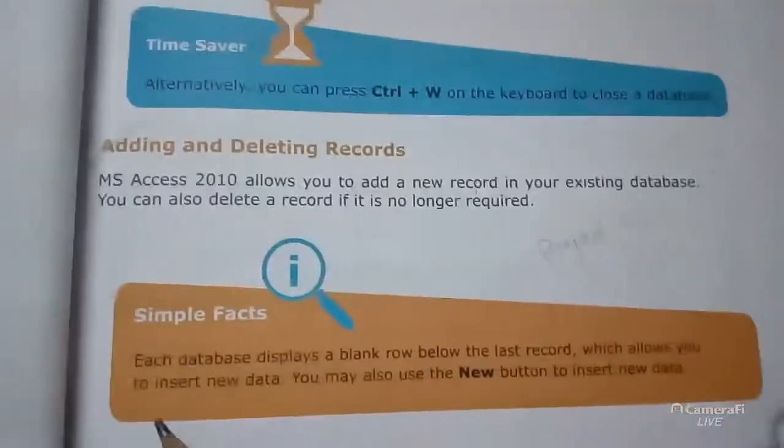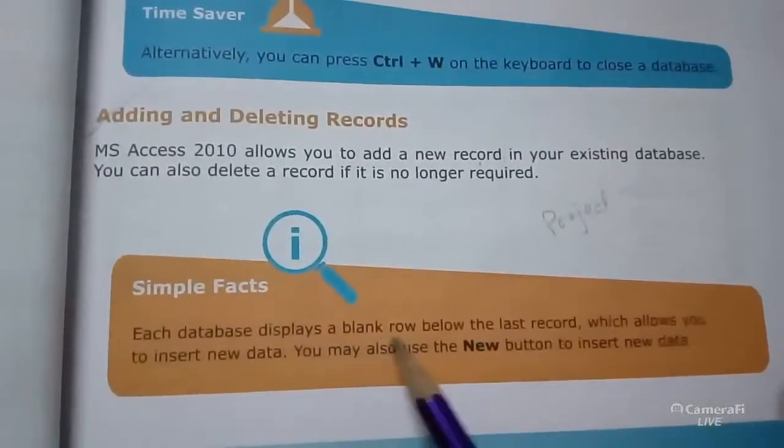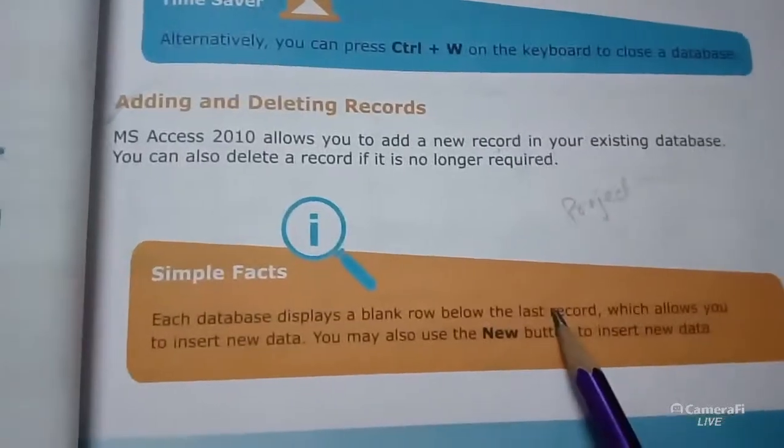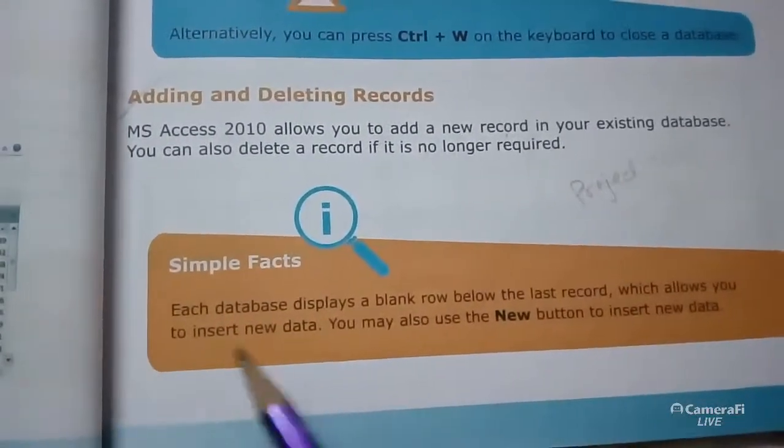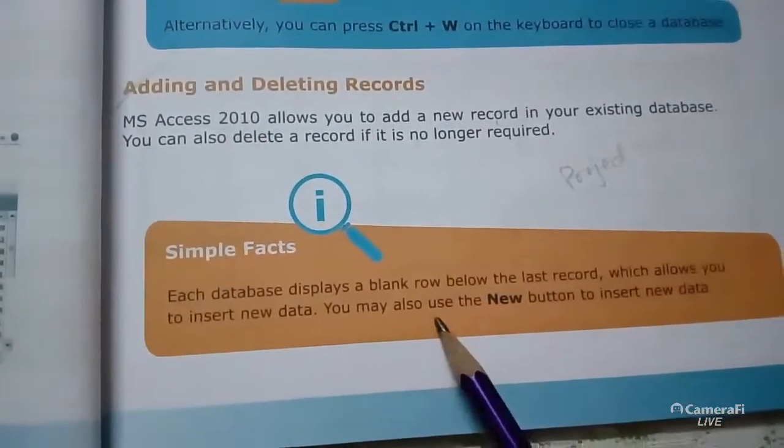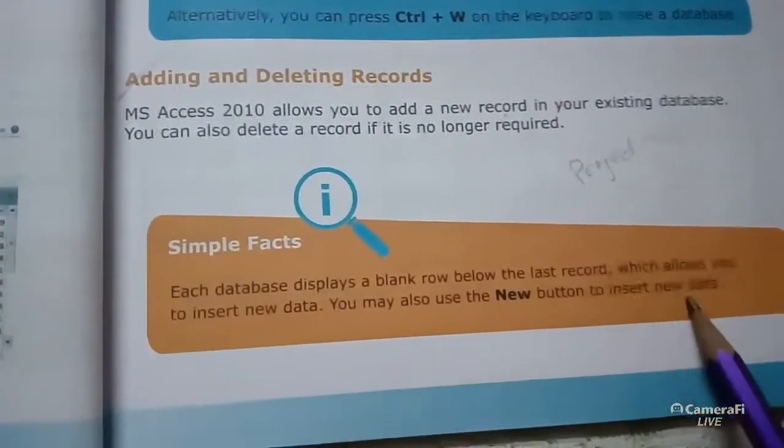What is the simple fact? Each database displays a blank row below the last record, which allows you to insert new data. You may also use the New button to insert new data.